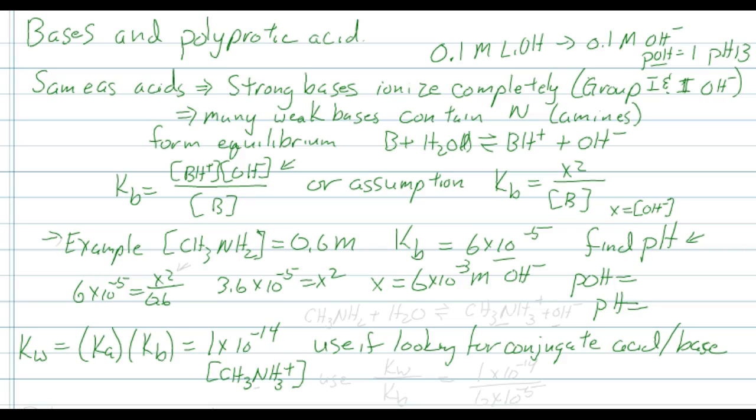For this example right here, the equation: CH3NH2 plus H2O liquid, equilibrium. This is the base, so it's going to absorb an H plus, so it's CH3NH3 plus OH minus. So when you do this x here, you're finding both the conjugate acid and the hydroxide.